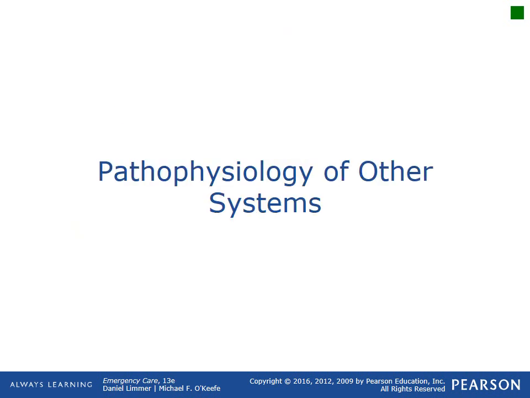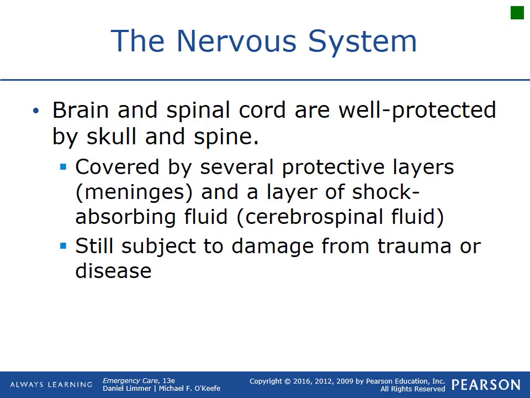So now we've covered the meat and taters systems. We'll talk about the pathophys of some of the other body systems. The nervous system, a big component. Damage to the nervous system can cause that random vasodilation, causing those vessels to lose their vascular tone, causing that distributive shock issue, that container issue where the vessels just randomly dilate from no neurological signals telling those vessels what size to be.